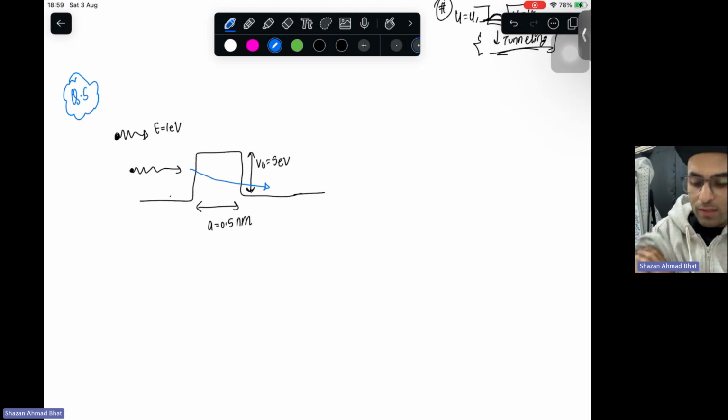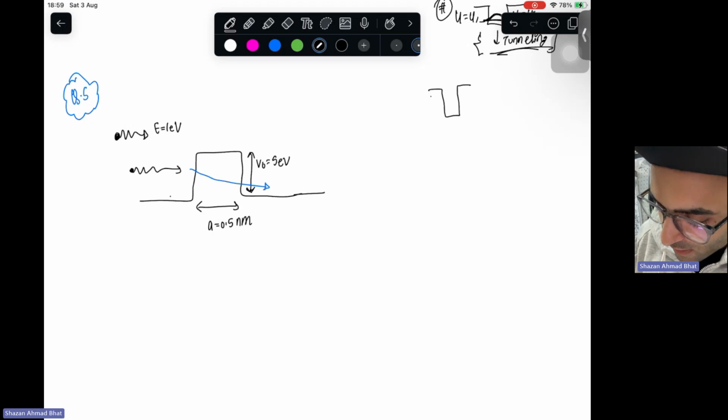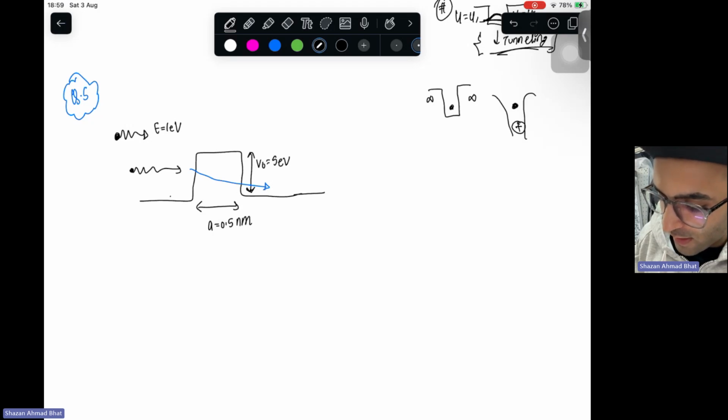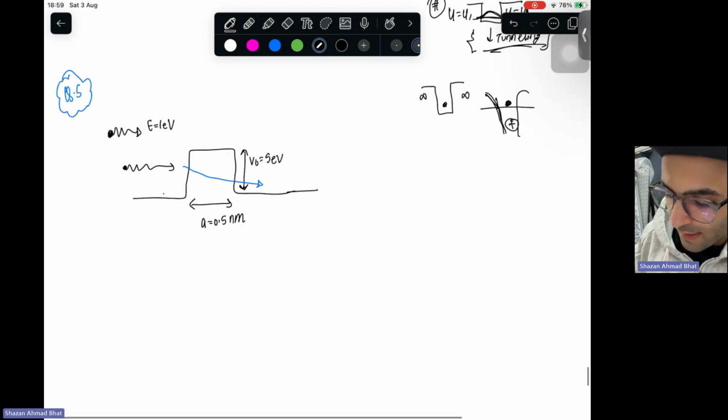Now, first of all, you need to understand it's a similar problem to what we earlier saw. We saw that there was an infinite well where the potential was infinite and the electron was trapped here. And this type of well was created, let's say, if an electron was under the attraction of a nucleus, and then it forms a well type of potential where the energies are discretized.